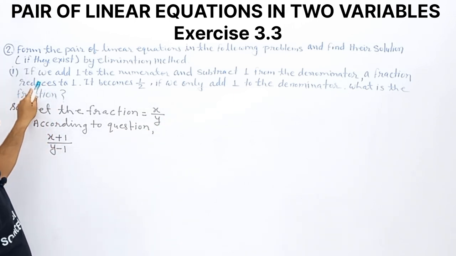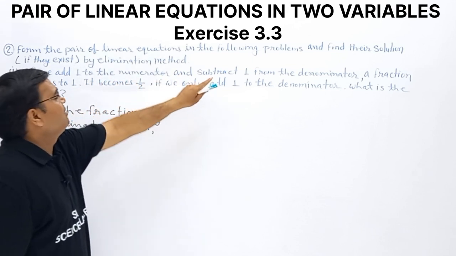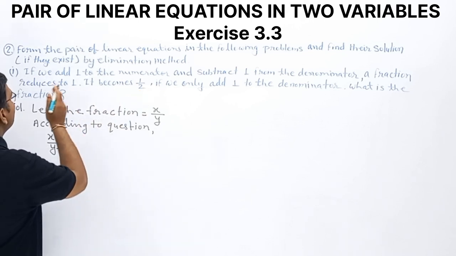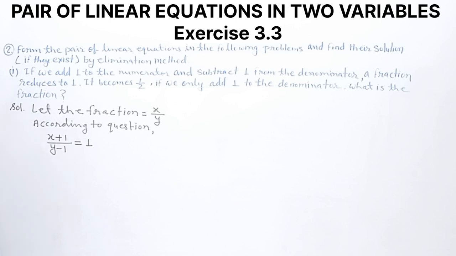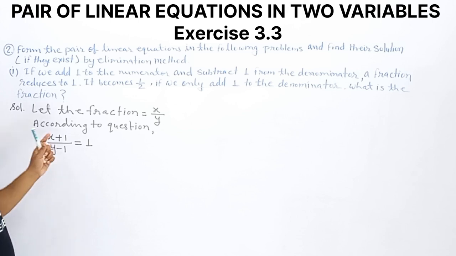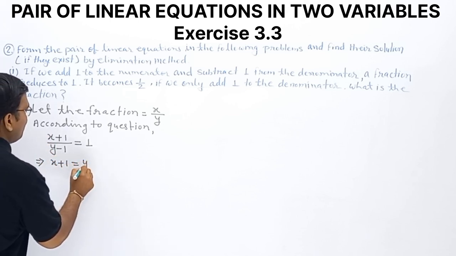A fraction reduces to 1. Once we do this, the fraction reduces to 1, it means it is equal to 1. This is the first situation given in the question. Now solve this situation by using cross multiplication. x plus 1 will be equal to y minus 1.